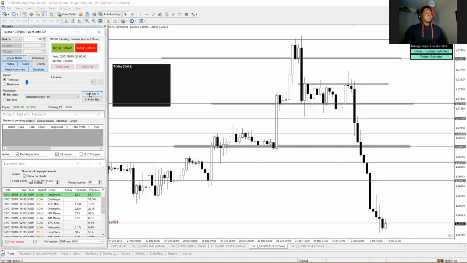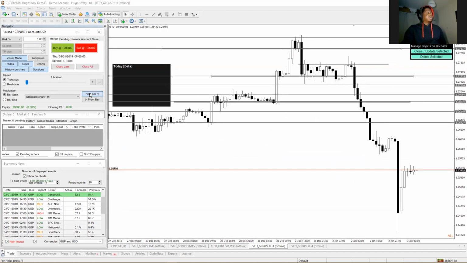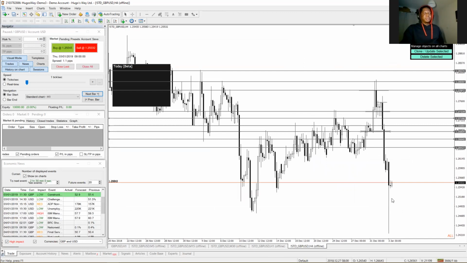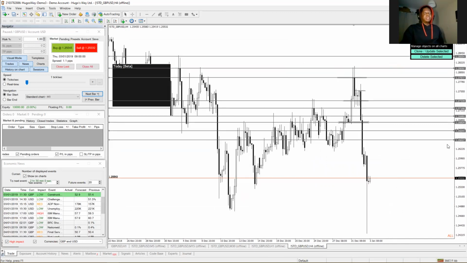Wow, what a sell-off on GU. So no FOMO. It's better if now this is 1 hour before London open and all our analysis has been thrown out of the window. So if you go to the 4-hour time frame, GU basically sold off yesterday. So we're gonna adjust these levels now.